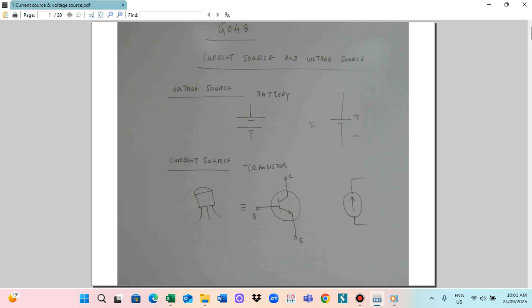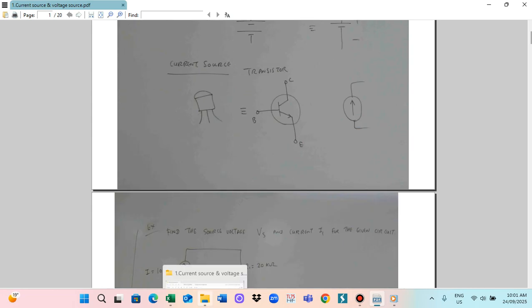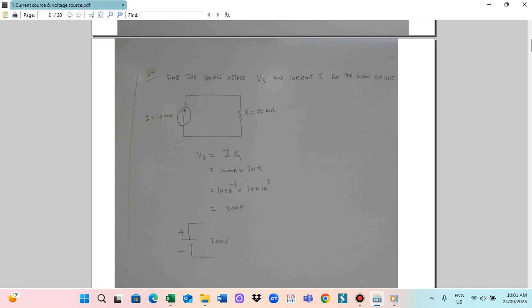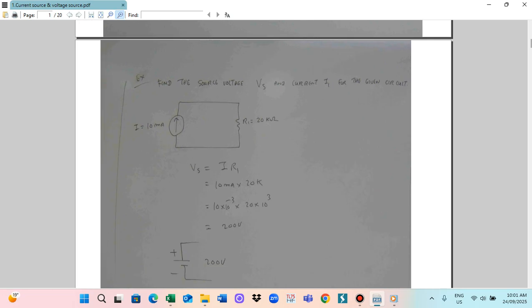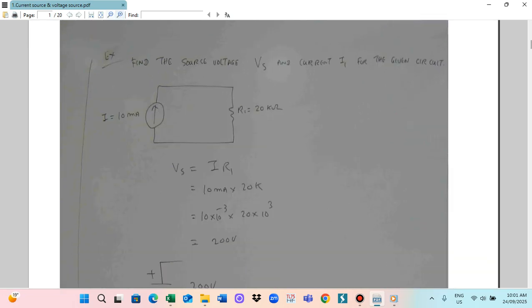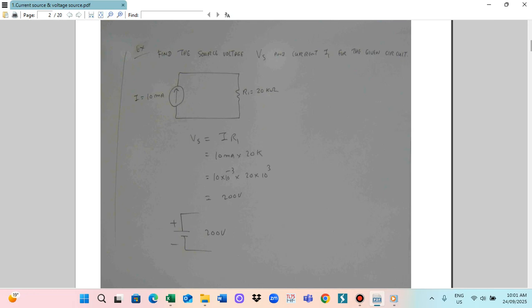So we solve one problem. The current is given as 10 milliampere, flowing into R1, which is 20 kilo ohm. We have to find the voltage source Vs. To find the voltage, the current multiplied by resistance gives the voltage. So Vs is equal to I into R1. I is 10 milliampere multiplied by 20 kilo ohm.